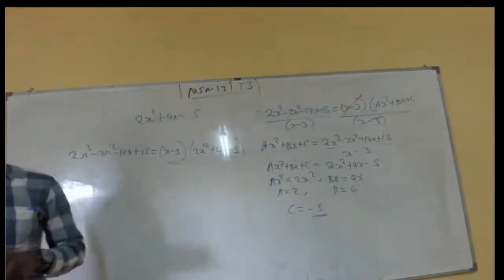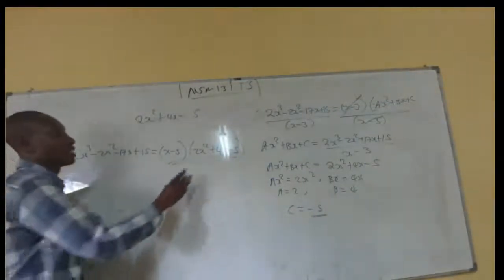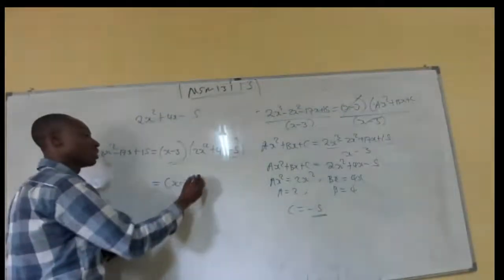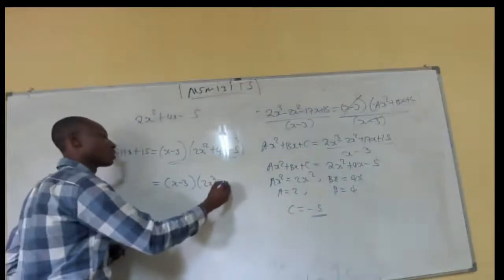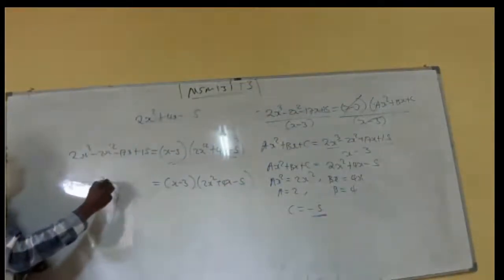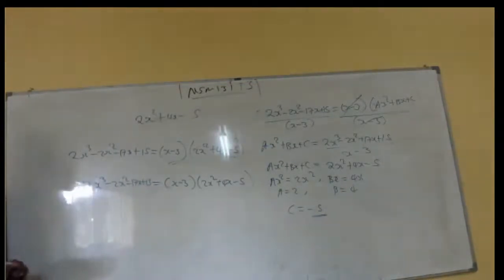Right, so that ends our tutorial. So remember this part here, x minus 3, 2x squared plus 4x minus 5, equals 2x cubed minus 2x squared minus 17x plus 15. Right, so that is what we have there. That's the final answer.